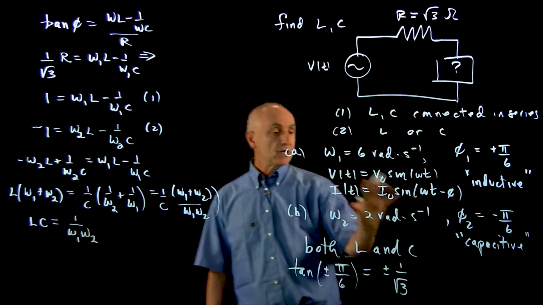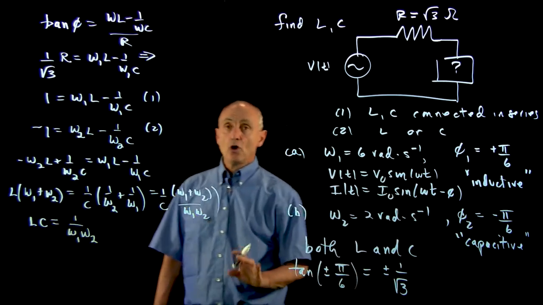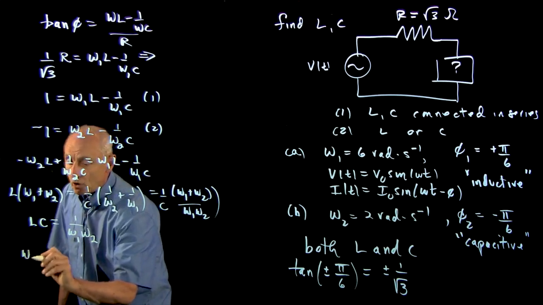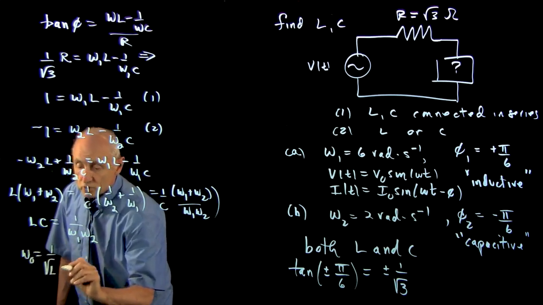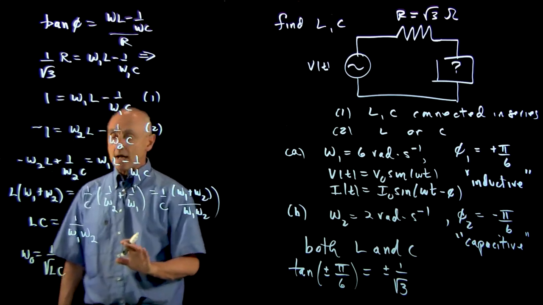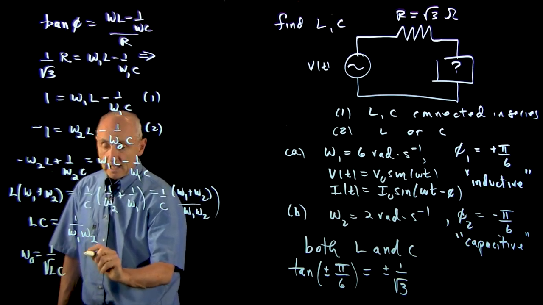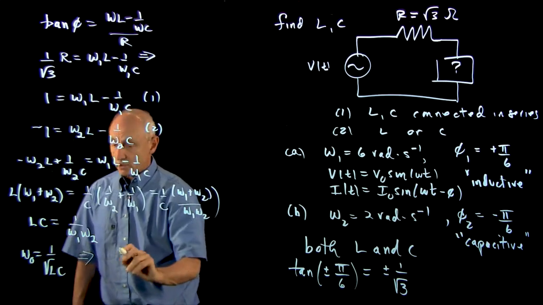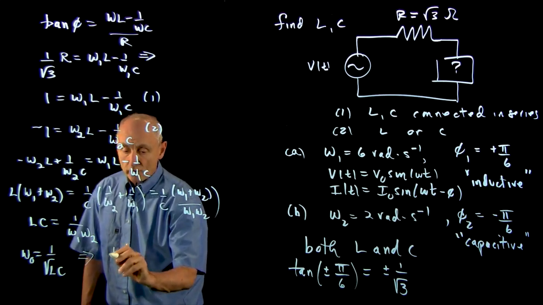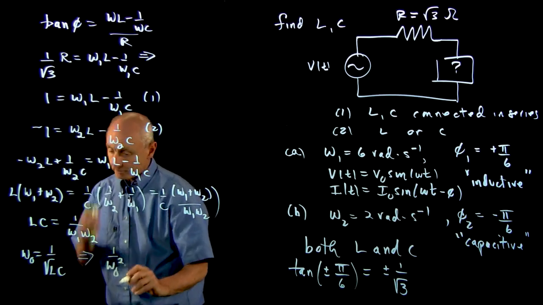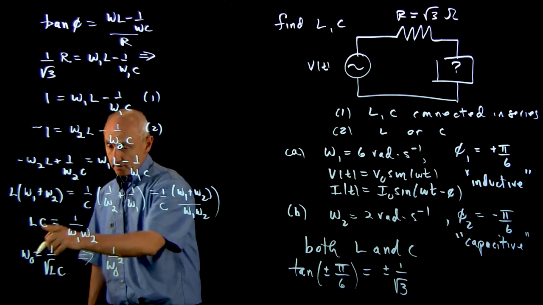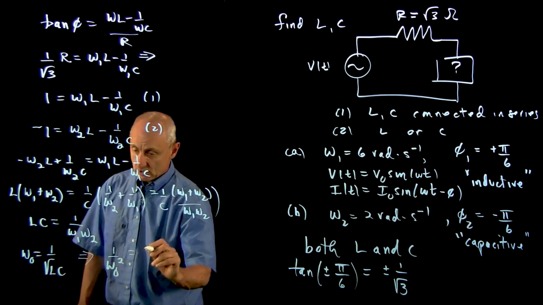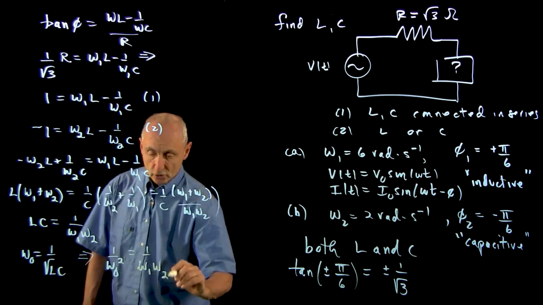Now remember that because there's an L and C here, we know that our resonant frequency, omega naught, is 1 over the square root of LC. I can now put that in here, and if I square both sides of the equation, I get 1 over omega naught squared equals 1 over omega 1 omega 2.